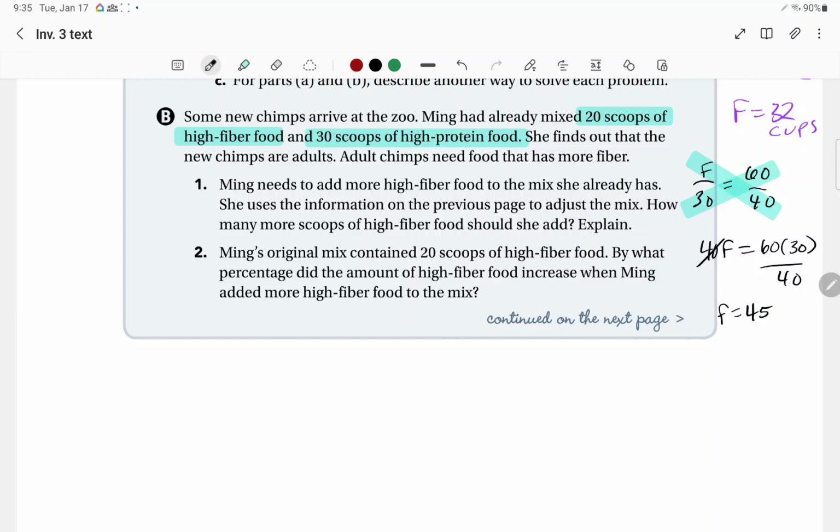So for this mix that we have, in order for it to be what the adults need, 45 scoops need to be of the fiber if 30 of them are protein, which 30 of them are. But we've already added the 20 scoops, and so really you just need 25 more of the fiber.